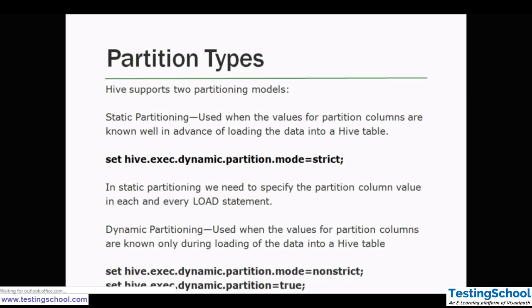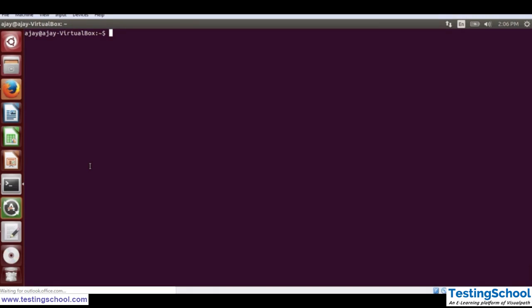So let's see in the terminal how we create dynamic partition and how we create static partition, and what the difference is between these two types of partition. So this is my terminal in which Hadoop and Hive are available.